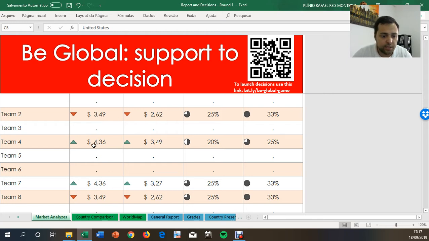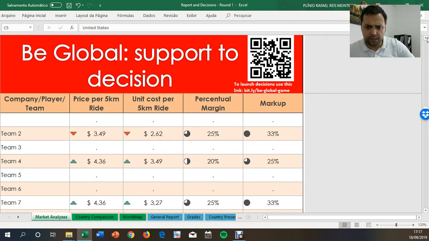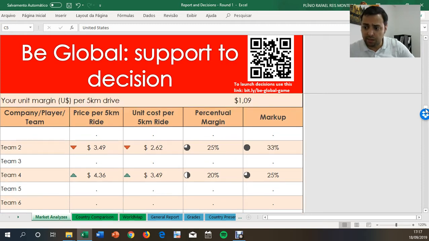But as you can see here, Team 4 asks for $4 for a ride, the same price as Team 7, but basically Team 7 is asking more money from the drivers. Basically, they're using 35% of margin. But let's move back to the Luxembourg example. You can use this part of the file to compare the price and the margin of each competitor in each part of the world.